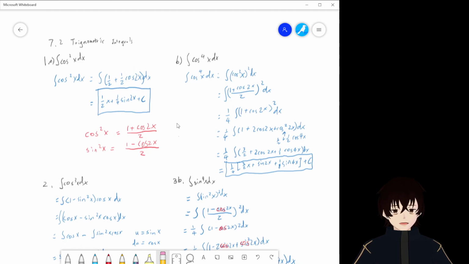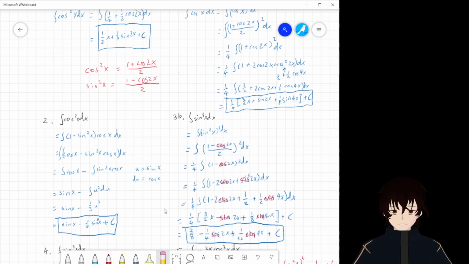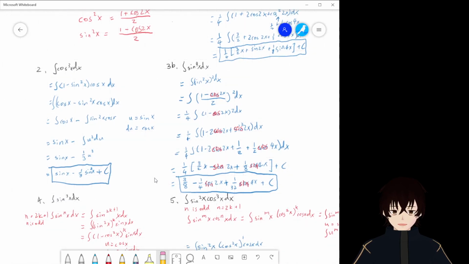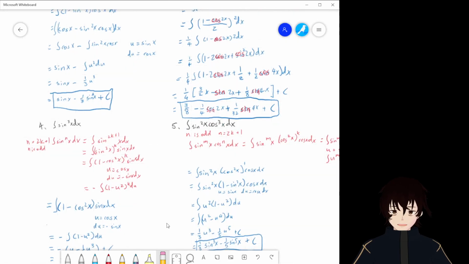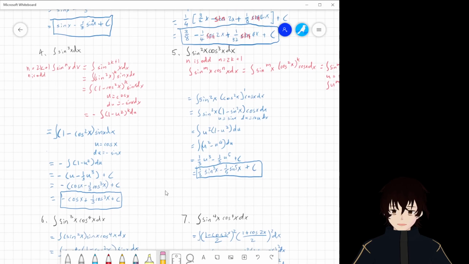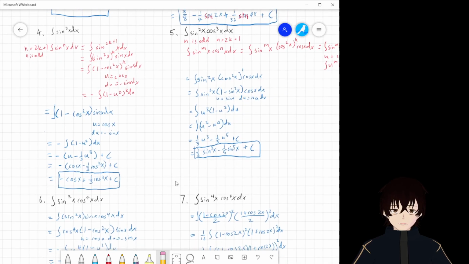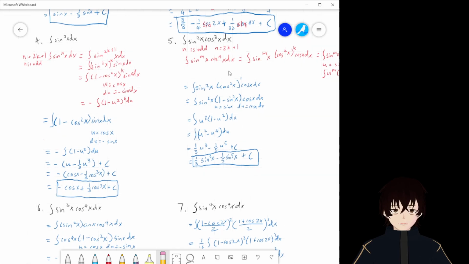Oh, I think my handwriting got a lot cleaner after I got this new thing. So cosine squared, sine squared, we can all do. Cosine to the power 4, sine to the power 4, just a little longer, same thing. Sine of odd power, we take out 1 sine, and use sine squared.